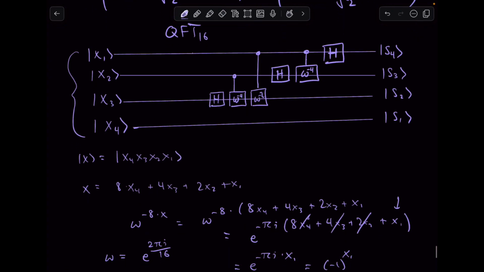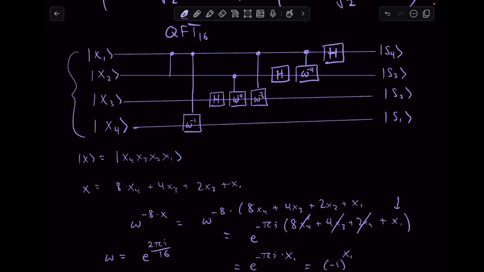So the last thing is we're going to first have this controlled root of unity going from the first qubit to the current qubit that we're on, which is the fourth. And then each time this thing goes down by a factor of 2, so this root of unity is going to be raised to the minus 1.